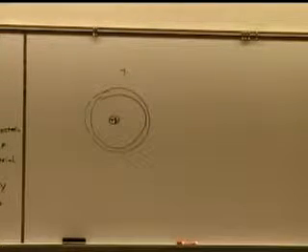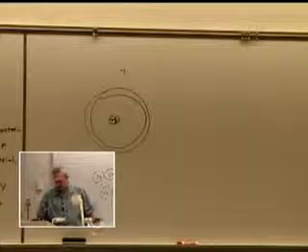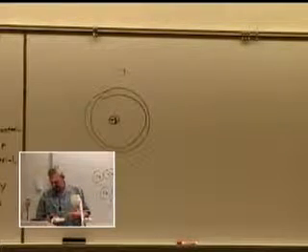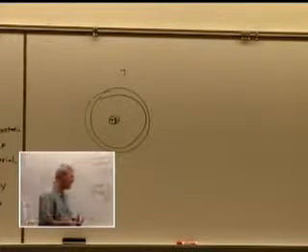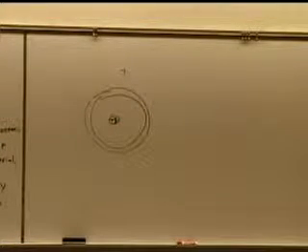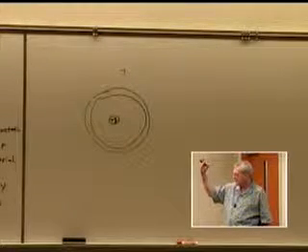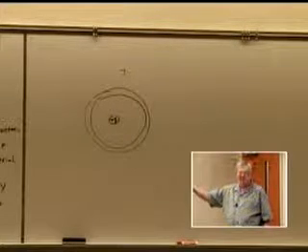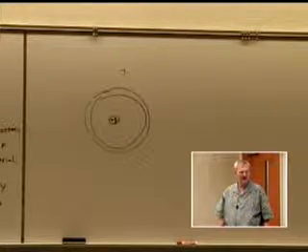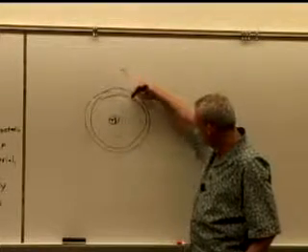Now, what's going to happen? The question is this. Show that this charge induces a charge of negative Q on the interior surface, and a charge of positive Q on the exterior surface. Why would a positive charge suspended in the middle of this neutrally charged conducting shell cause negative charges to be right here on the inside?